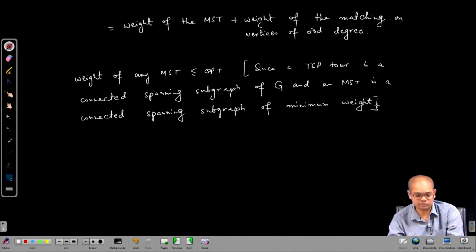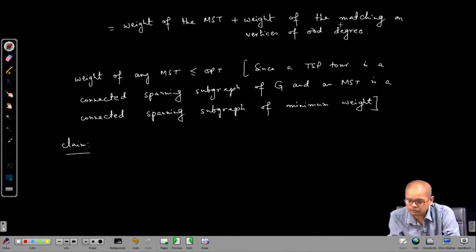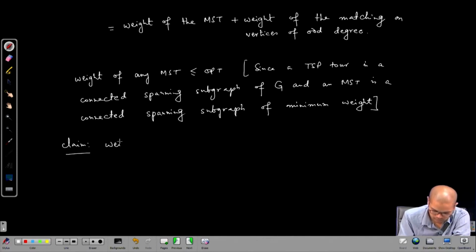Okay. Next, what we claim is the weight of the matching on the vertices of odd degree is at most half opt.